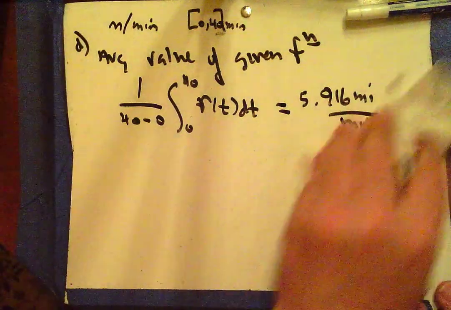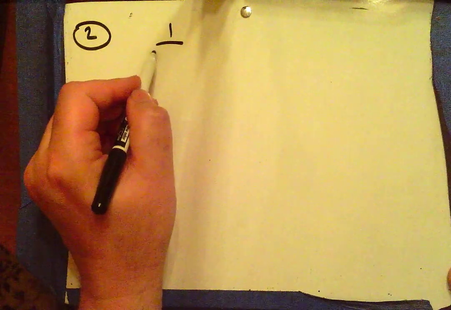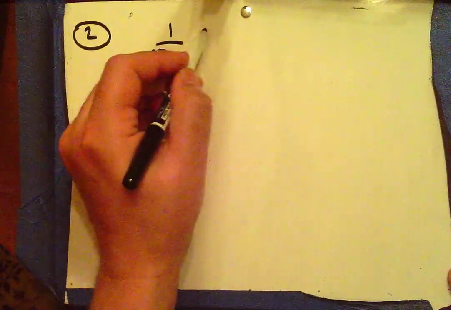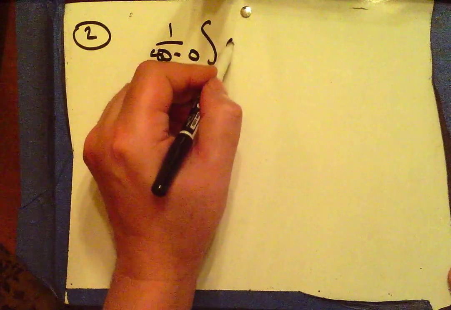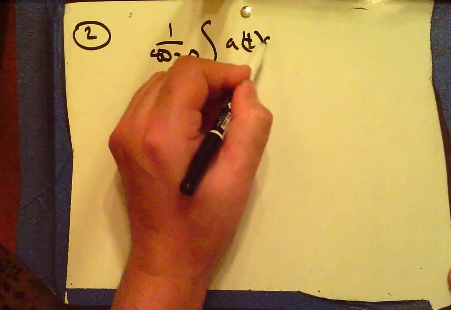Okay, that's problem number 1. How about problem number 2? Problem number 2 says, find the average acceleration. So if I want average acceleration, I want 1 over 80 minus 0, the integral of a of t dt.